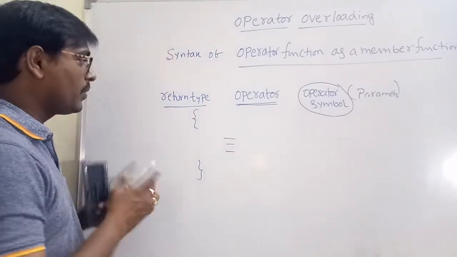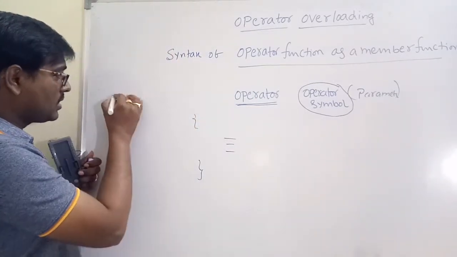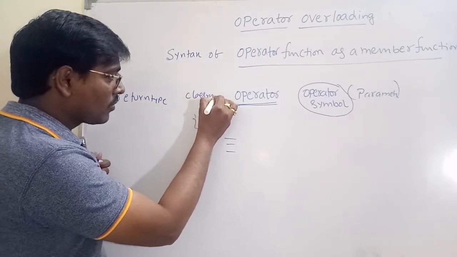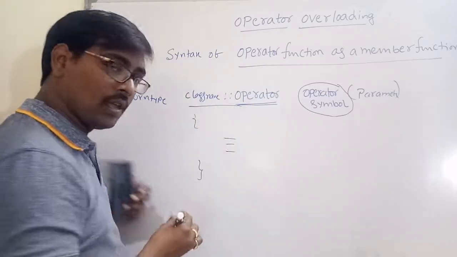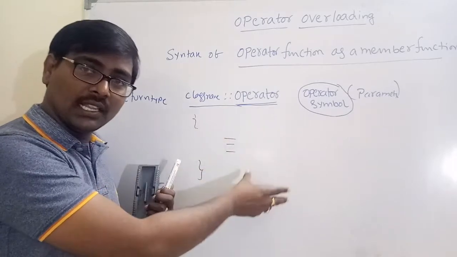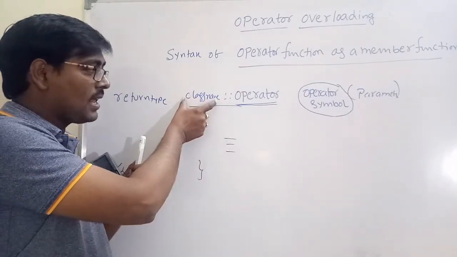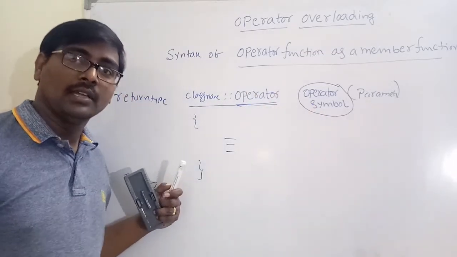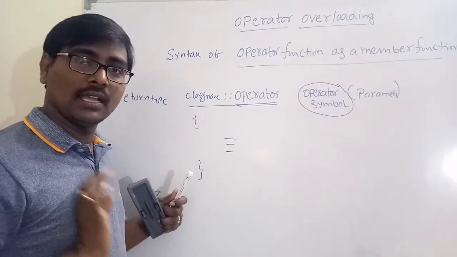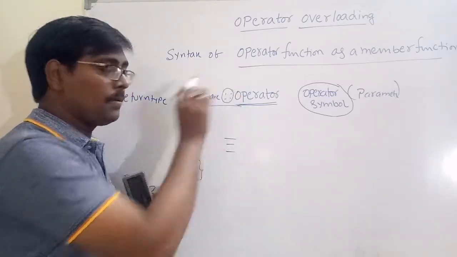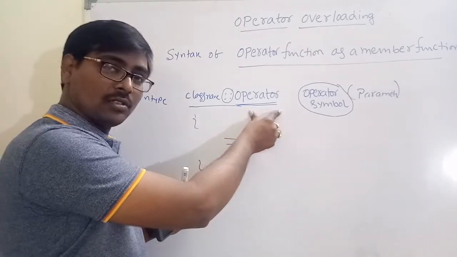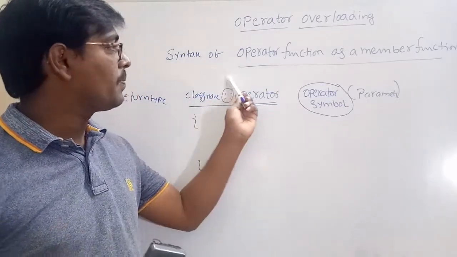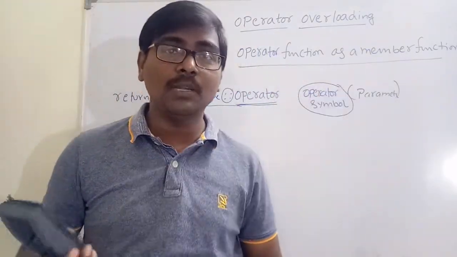In the outside definition, you use the class name, scope resolution operator, and the remaining everything is common, similar to a member function. The scope resolution operator specifies that this is within the scope of the class. This is the operator function defined as a member function.